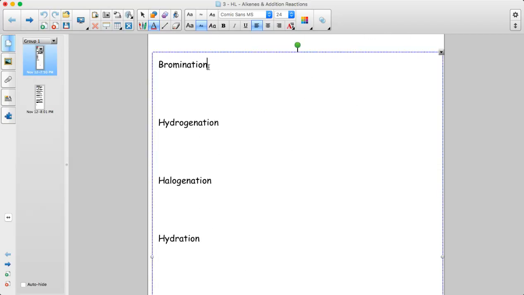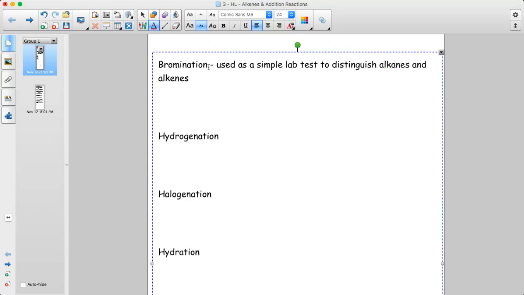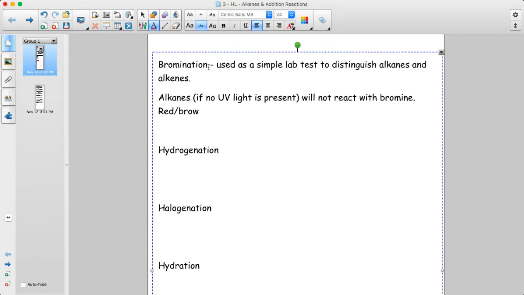So bromination is used as a simple lab test to distinguish alkanes and alkenes. Alkanes, if no UV light is present, will not react with bromine. Bromine has a very distinct red-brown color, so the red-brown color remains.